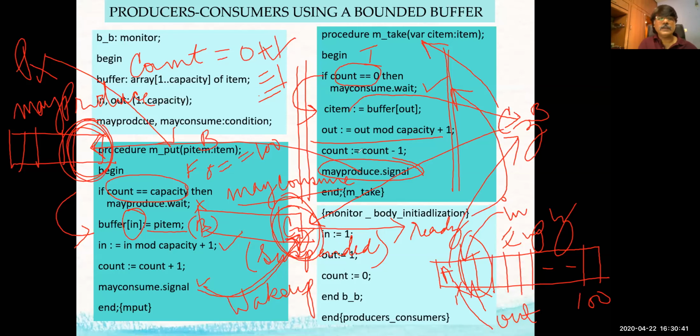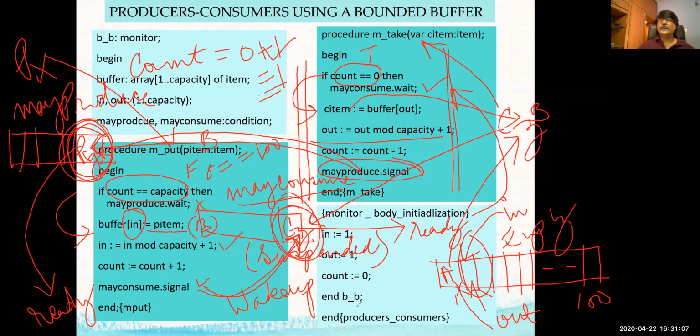If there is a producer process waiting here, and may produce dot signal is sent, then producer will come from the wait state to the ready state to be executed. That is the meaning of it.